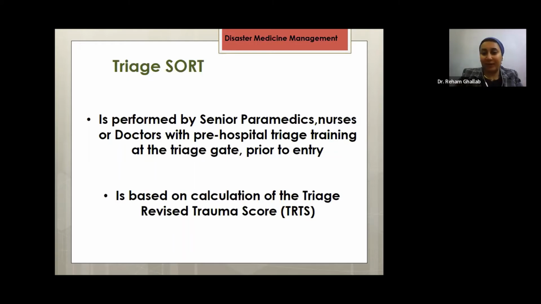But triage by sort is more complicated as it is performed by senior paramedics, nurses, or doctors with pre-hospital triage training and triage gate prior to the entry. It will be a planned process, as it is based on a calculation of the triage revised trauma score.